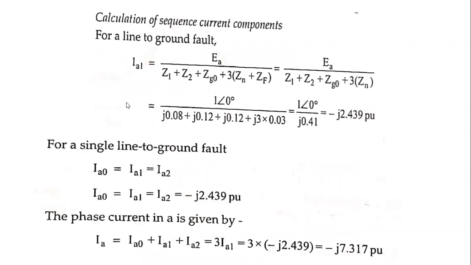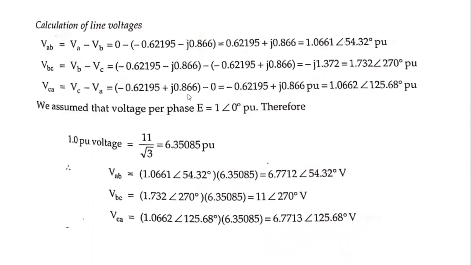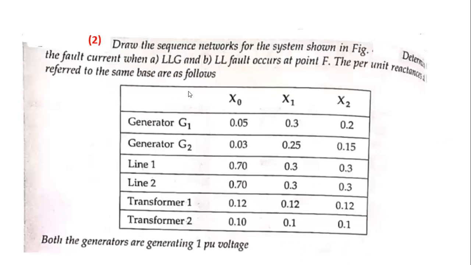Similarly, we calculate the currents, that is IA0, IA1, IA2 and the IA fault current. These are the various formulas for calculating the sequence currents and voltages. Next, the second problem: draw the sequence networks for the system and determine the fault currents.